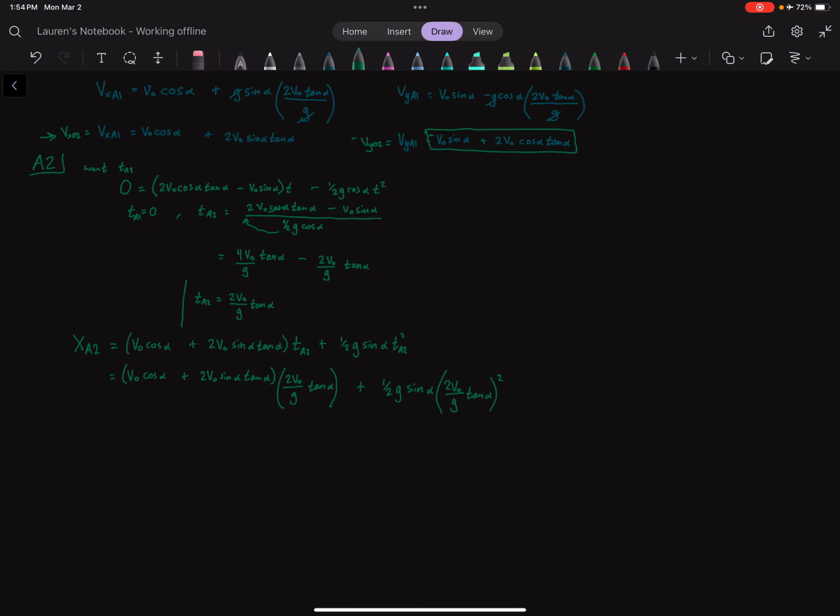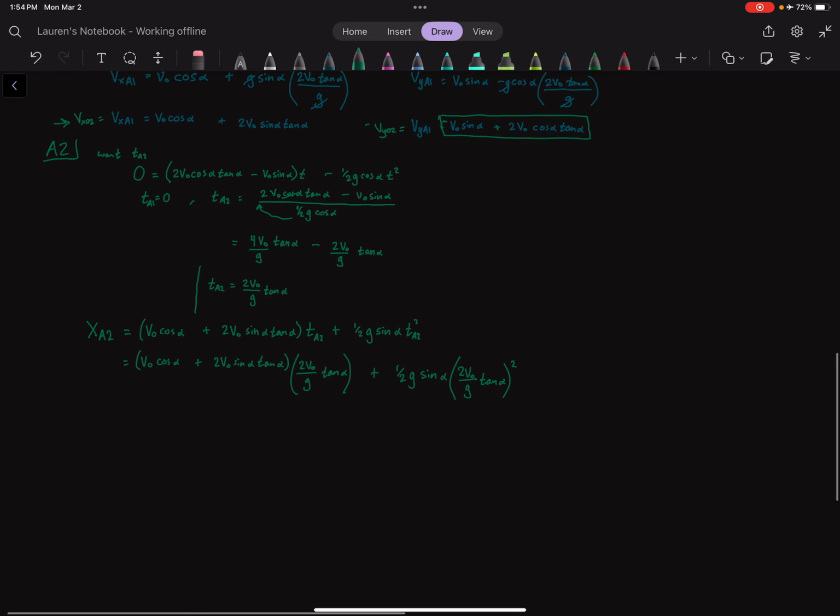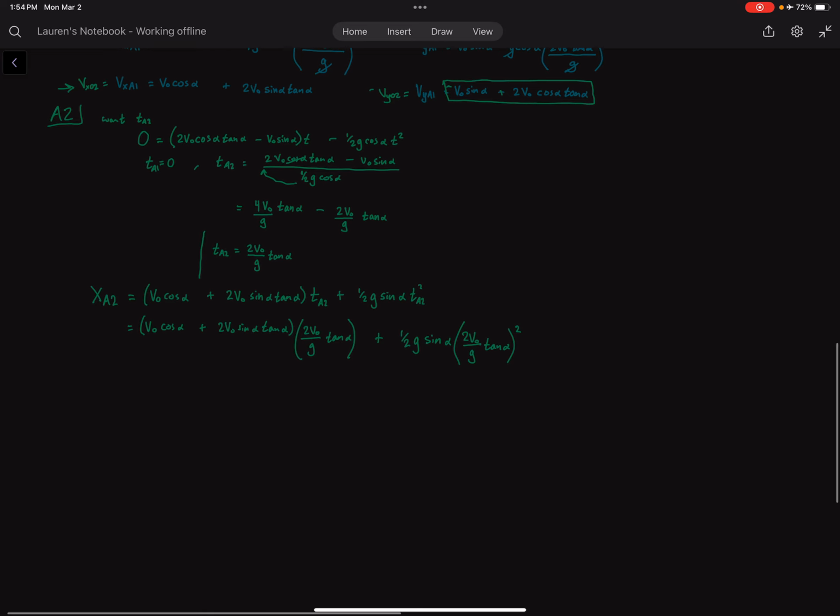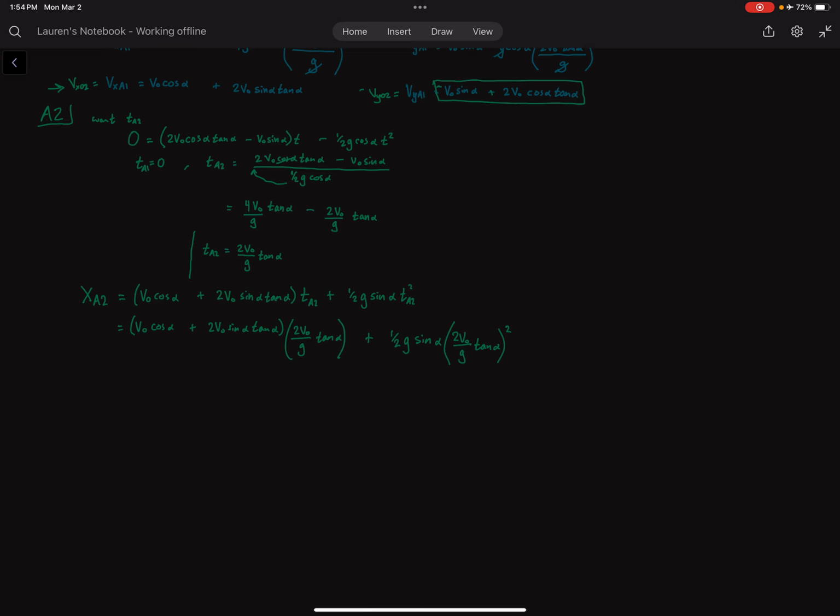Hoo boy, these are a lot of trig functions, right? Does anything clean up? Well, let's just expand it out and see what we got, right? So we're going to distribute this first term. So we're going to have 2 v naught squared cosine alpha tangent alpha over, I'll put the g out front, over g, plus 4 v naught squared sine alpha tangent alpha, or tangent squared alpha, and there's a g on that term as well.